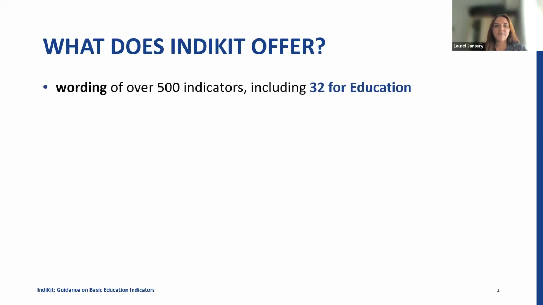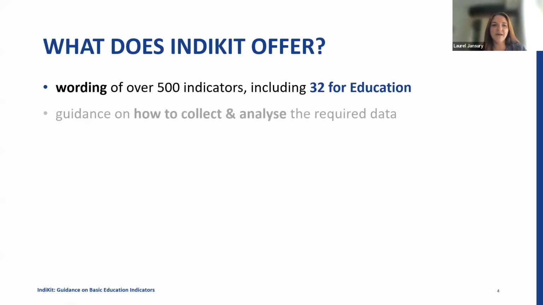Indikit offers, as I mentioned, wording for 500 different indicators, and the 32 education indicators, which we'll be talking about in more detail today.